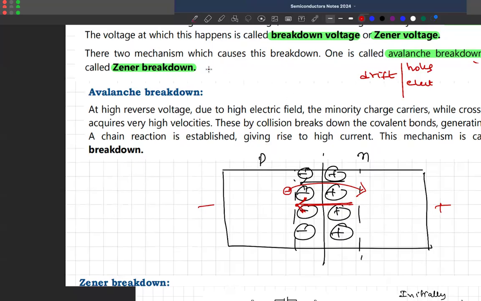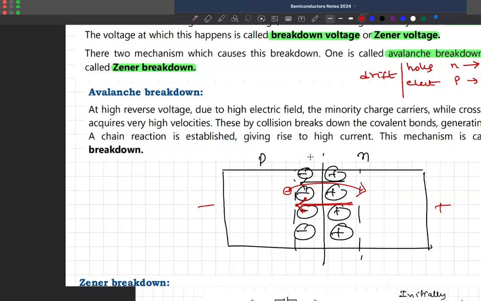Because of this, since they tear off the bonds and all of a sudden cross with the greater field, in the course of their motion they will cause more collisions, and those collisions lead to breaking of more covalent bonds. Breaking more covalent bonds results in formation of more electrons and holes, and this leads to huge current.